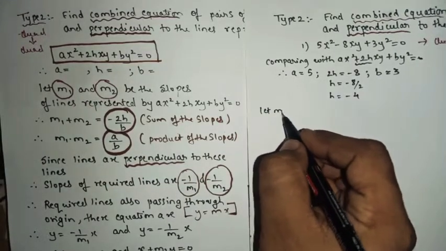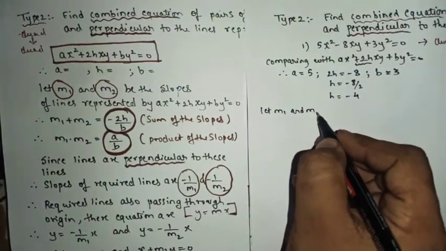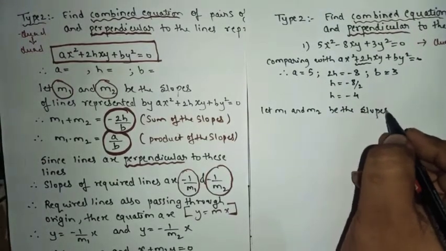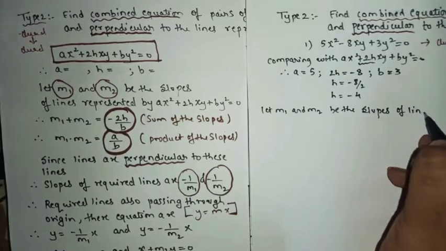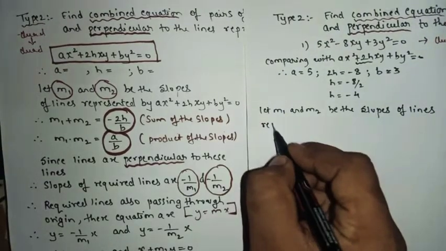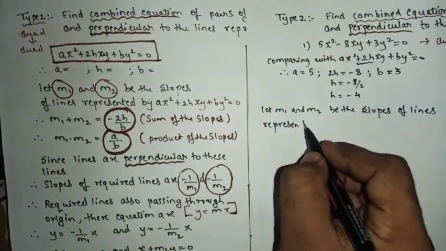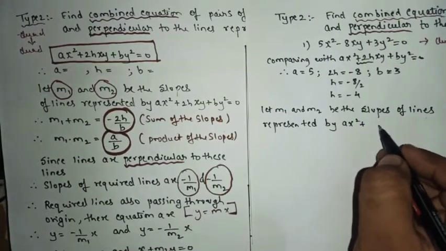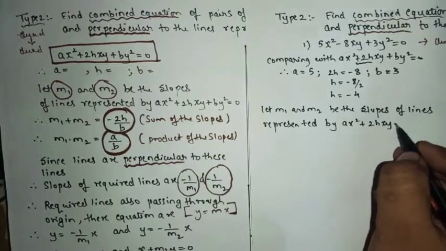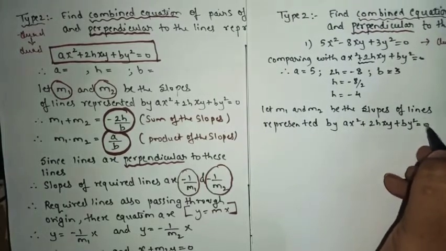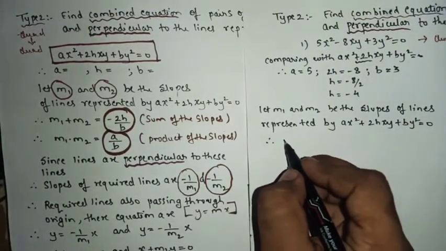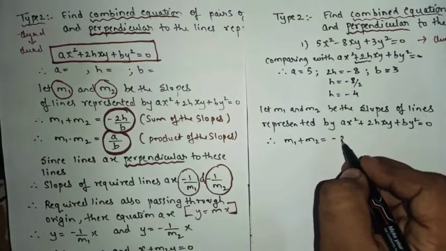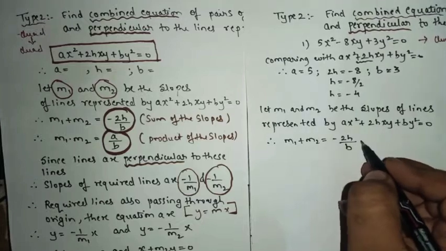Now after that we know that we will write the step. Let m1 and m2 be the slopes of lines represented by ax square plus 2hxy plus by square equal to 0. So now we'll find the sum of the slopes using the formula minus 2h upon b.